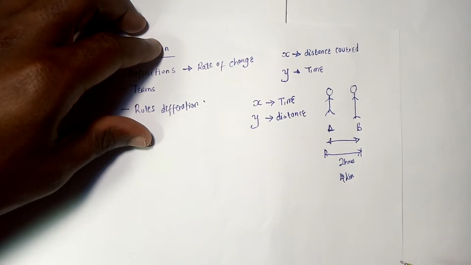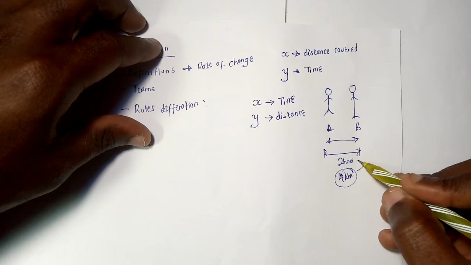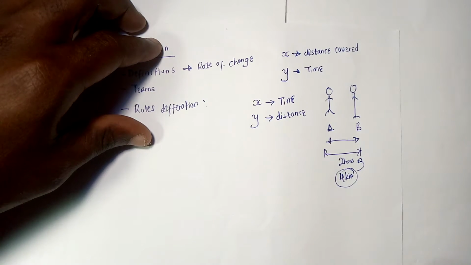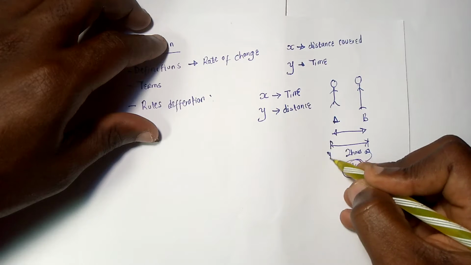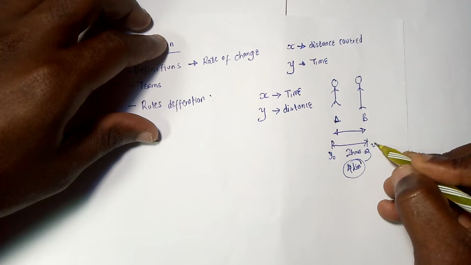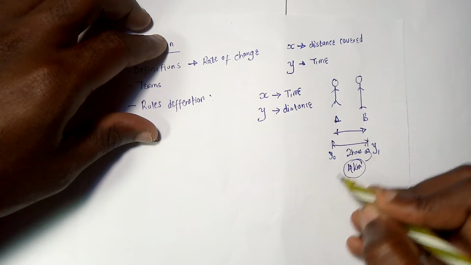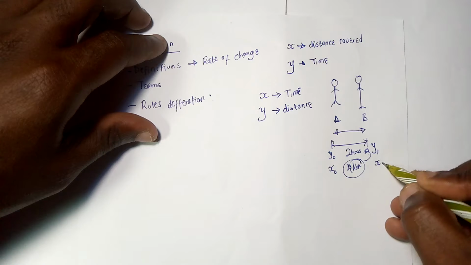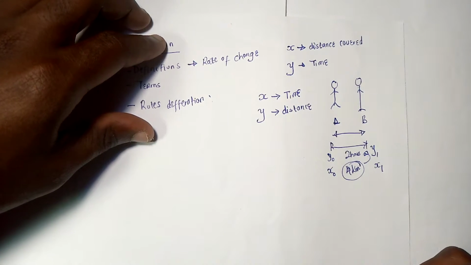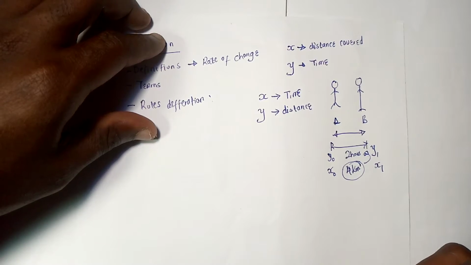So we want to see what is the rate at which the distance is changing with respect to time. Let me say here it's y0 and here is y1, and the time that you left here was x0 and the time you arrived here is x1. So we want to see how this distance is changing with respect to time.